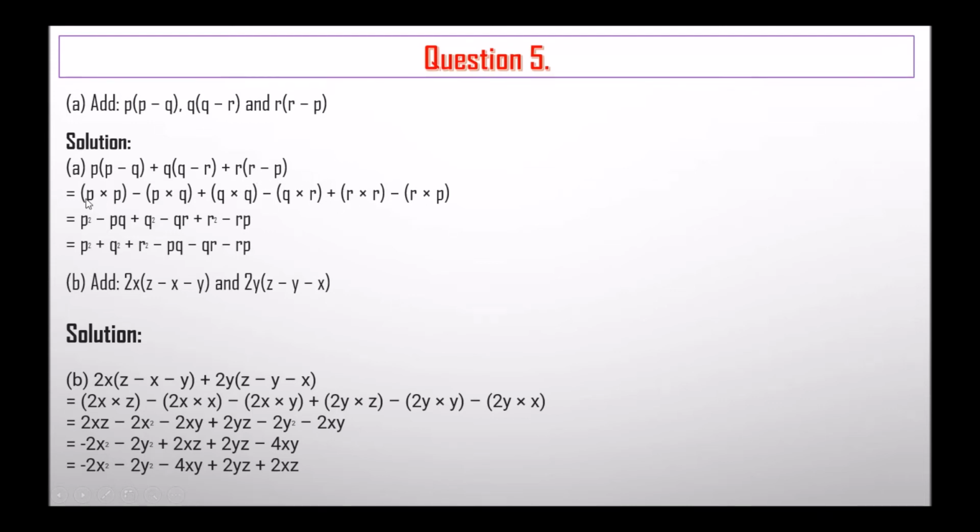So p × p is p², p × q is −pq. q × q is q², q × r is −qr, r × r is r², and r × p is −rp. So p² + q² + r² − pq − qr − rp.